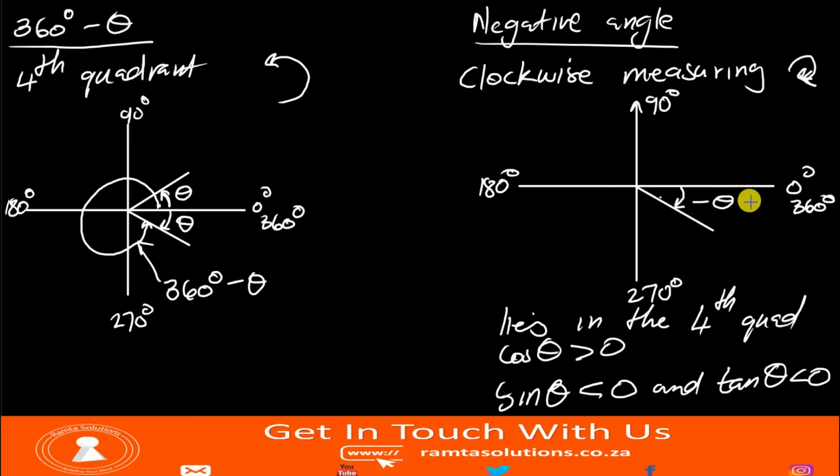So what we mean is, whenever you see a negative angle, always write it as a positive if it's cosine. Meaning if you have cos negative 30, you must write it as positive cos 30. If you see sine negative 30, you must write it as negative sine 30. Okay, let me expand on this.